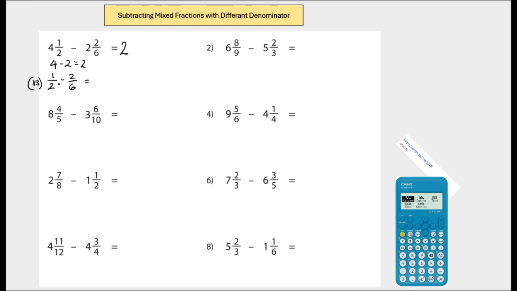So my new fraction is 3 times 1 is 3 over 6, which is perfect because we need them to be the same. Subtract 2 over 6 because we haven't done anything to this fraction. And the answer is 1 over 6. That's our answer.